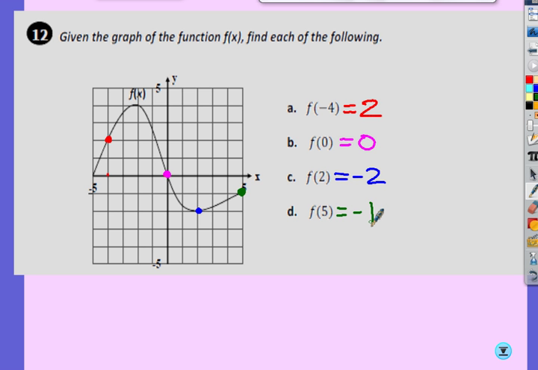Remember, the number inside the parentheses is the x, and the solution is the y. This is how you create an ordered pair. Notice the red dot on the graph has the ordered pair of -4, +2.